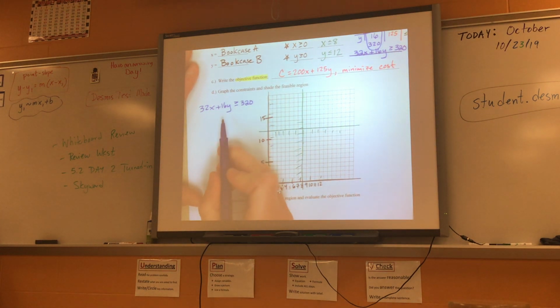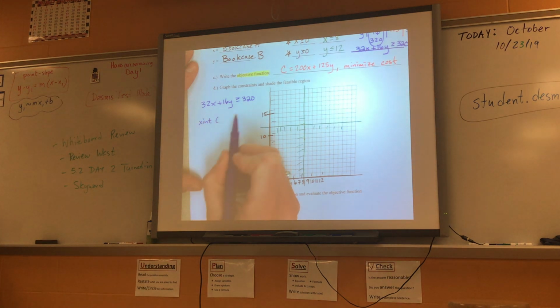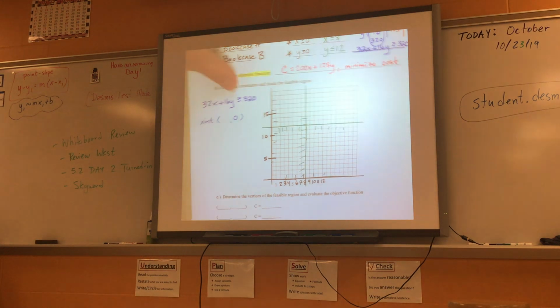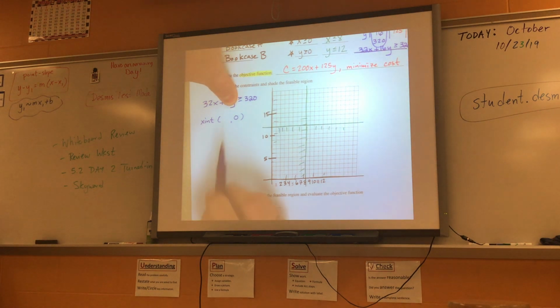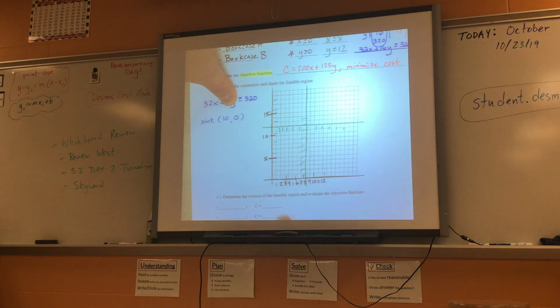What I've been having you do is solve this with intercepts, so we are going to do that here. For our x-intercept, we plug 0 into the y position, cover up the y term, and divide by 32, and we get 10. So the point is (10, 0).